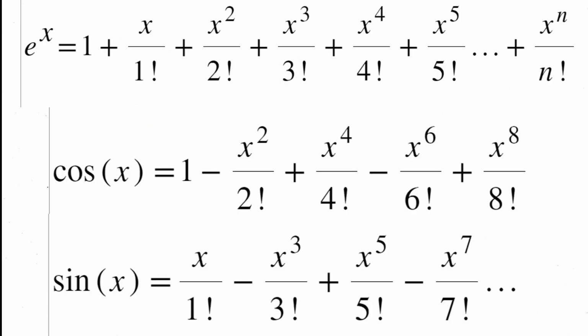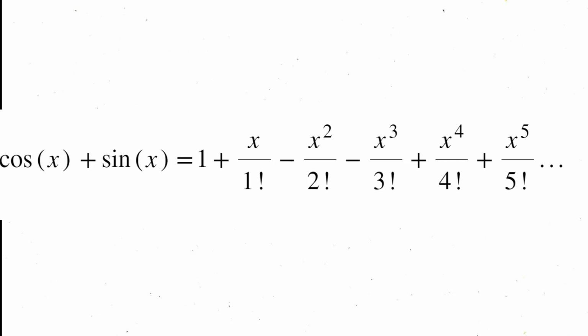Now, if you take a look, you notice that there seems to be a kind of relationship between e raised to power x, sine of x, and cos of x. What if we add cos of x and sine of x? Would it give us e to the x? Let us try and see.